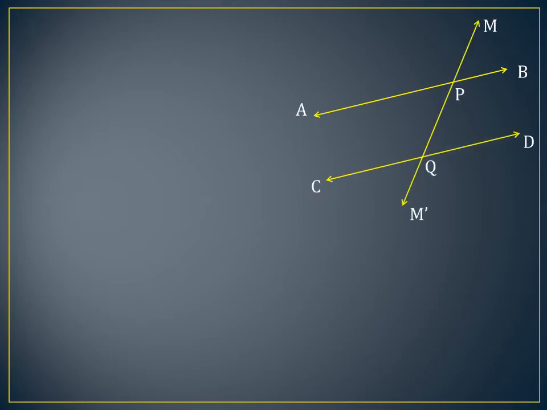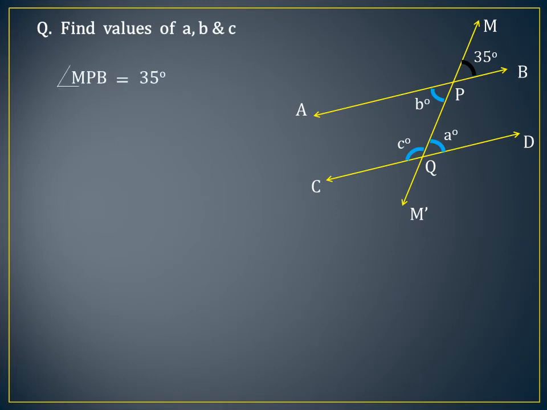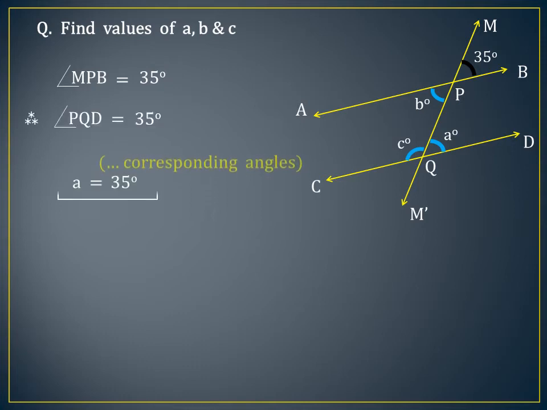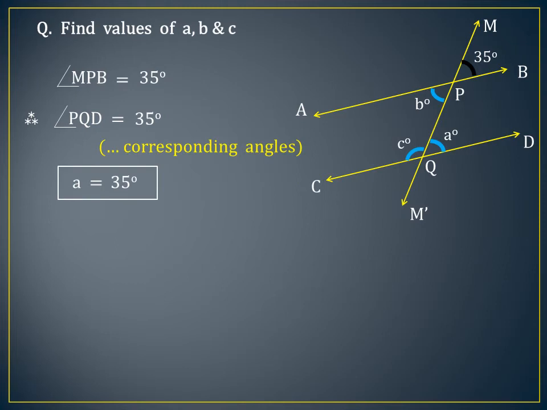Now that we have understood these angles, let's solve some problems. Our first question is to find the values of A, B and C given in the diagram. Since angle MPB is given to be 35 degrees, angle PQD, which is our A, will also be equal to 35 degrees because it is forming a corresponding angle with angle MPB.